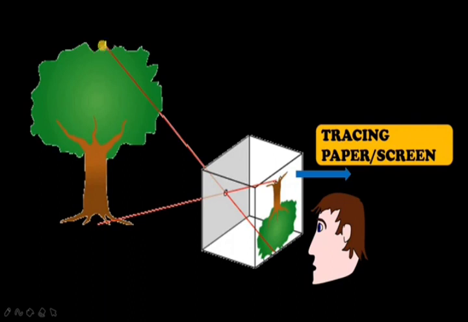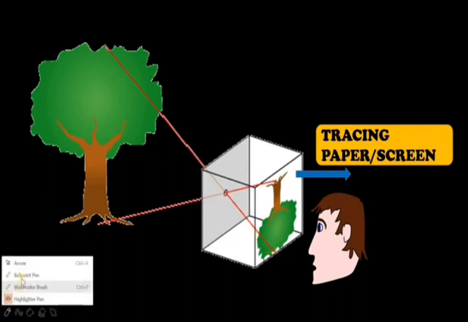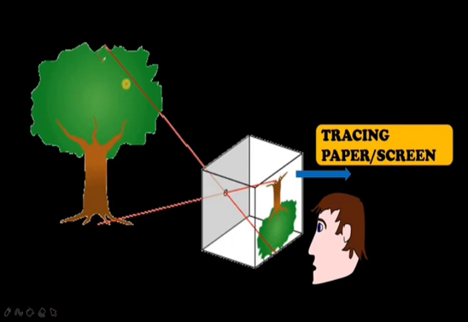Look here, from the top it travels and finally it travels through the pinhole. And what happens? From the pinhole, it will reach us as an inverted image. Such a path of light you have to remember.